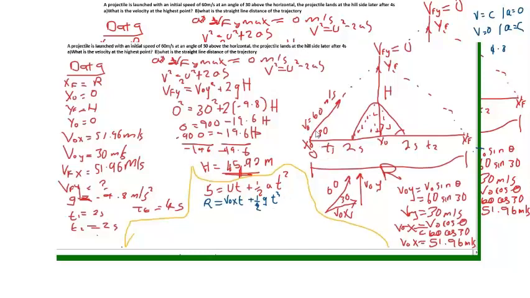Now in this, remember we said if velocity is constant, acceleration is equal to 0.